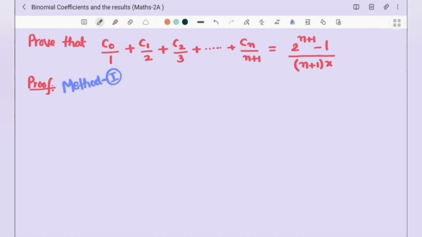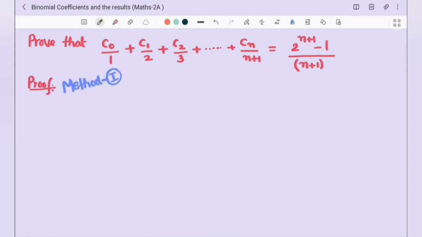The next question: prove that C0 by 1 plus C1 by 2 plus C2 by 3 plus and so on plus Cn by n plus 1 is equal to 2 power n plus 1 minus 1 divided by n plus 1. Sorry, here x is not there, only 2 power n plus 1 minus 1 divided by n plus 1.